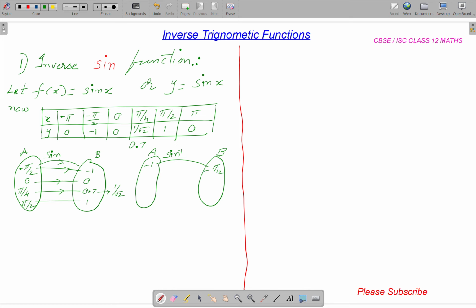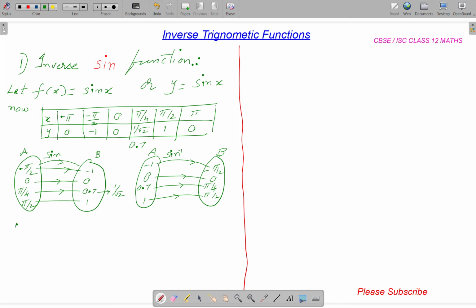When it is 0, then this value is 0. When it is 0.7, then this is pi by 4. When this is 1, then this becomes pi by 2.